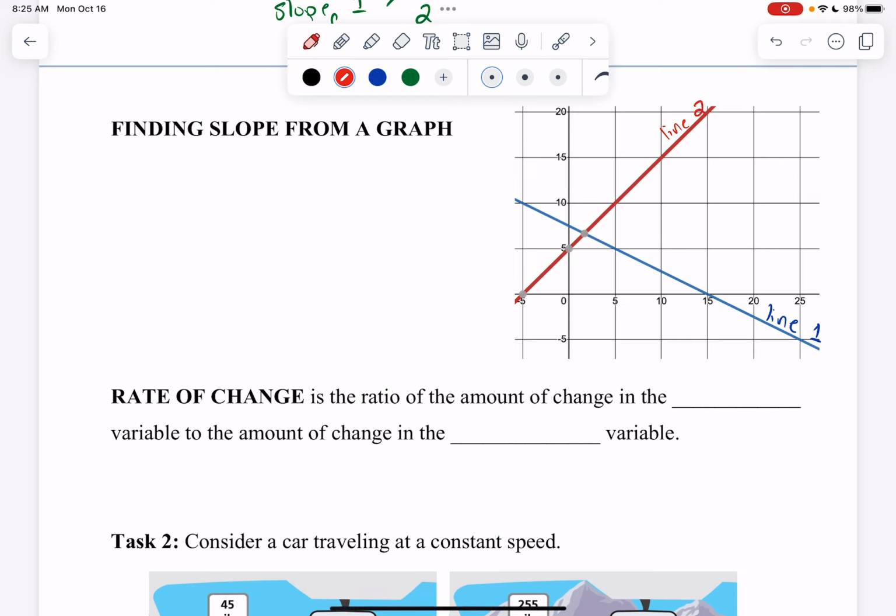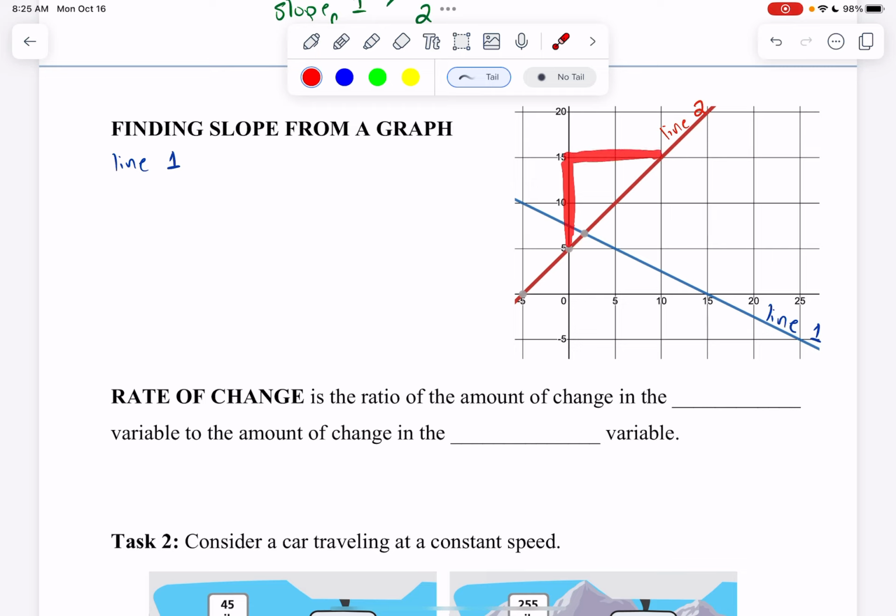Okay. To find the slope, a slope again is that measure of steepness. So for line 1, that steepness, how we used to measure it is how far up and down it takes to go over.